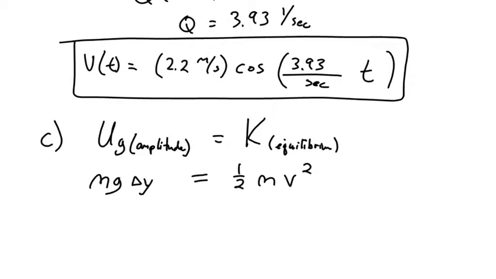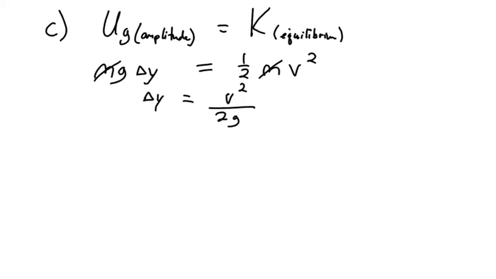Got a mass on each side, so I'll divide both sides by m to get those to cancel out. And then I'm looking for this value delta y, so let's divide both sides by g to get delta y is equal to v squared over 2g.